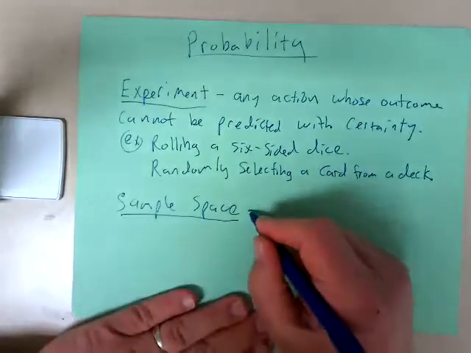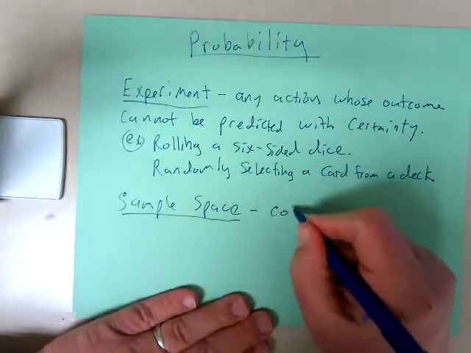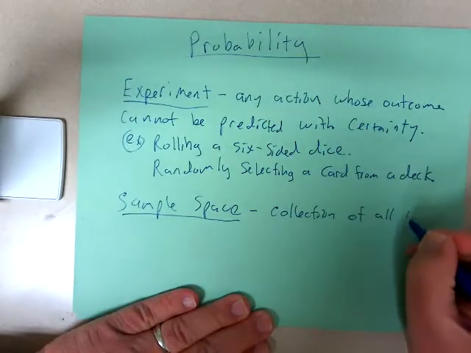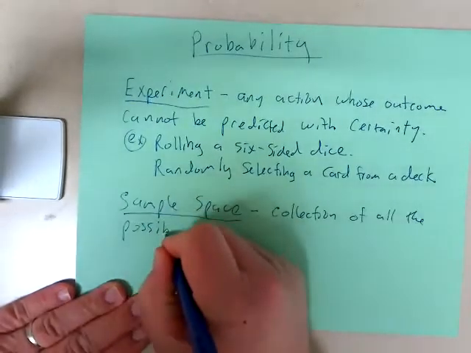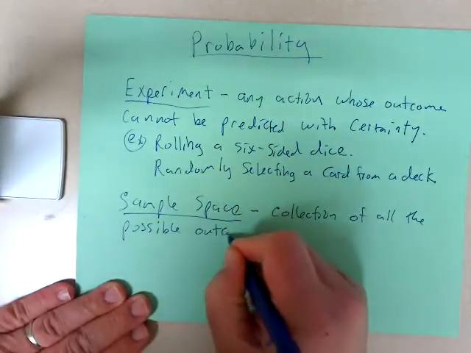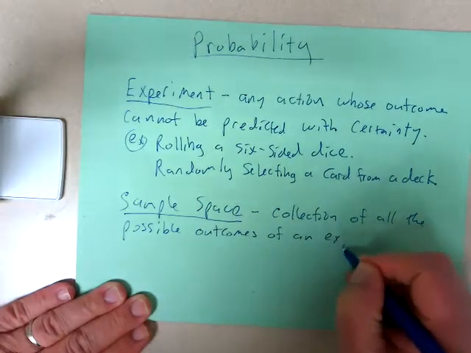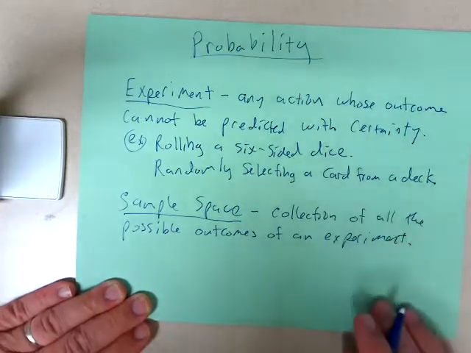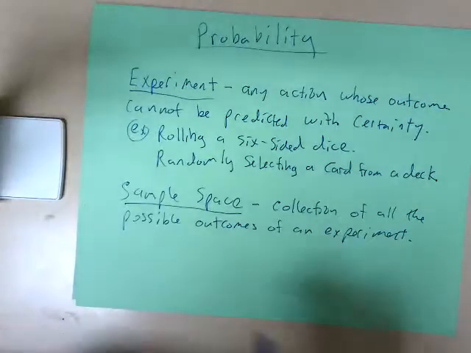Okay, so all the sample space is you can think of this as the collection of all the possible outcomes of an experiment. So this would be the collection of all possible outcomes of an experiment.